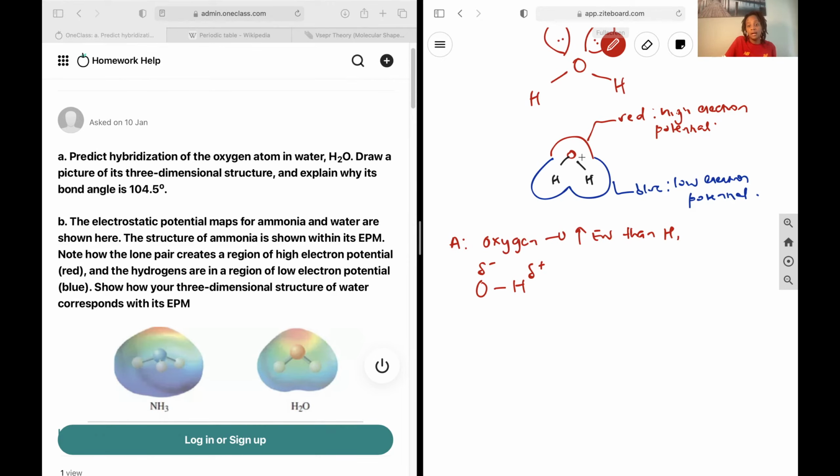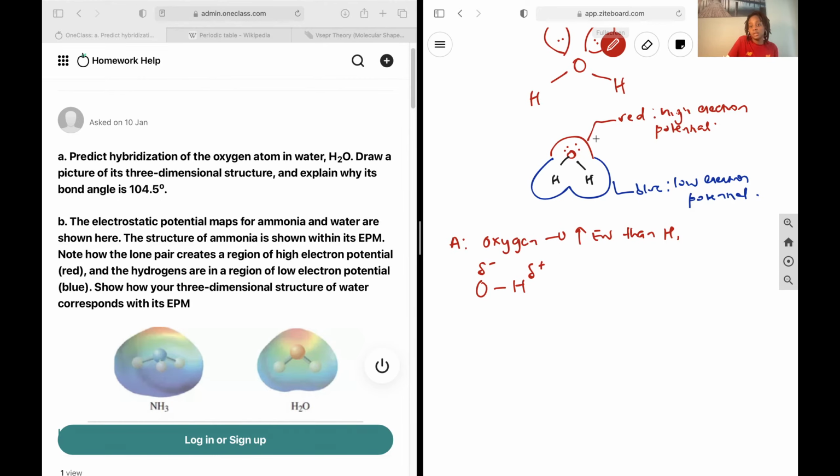And so oxygen will have a very high electron potential around it because it's almost taken the one electron from this hydrogen and the one electron from this hydrogen. Additionally, there are two lone pairs of electrons around the oxygen, and so that's going to increase its electron potential too.